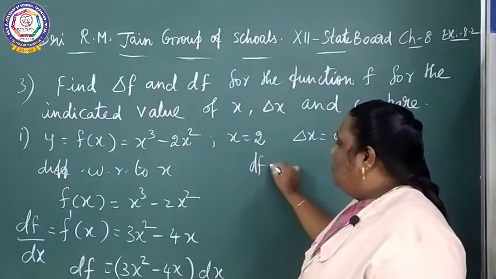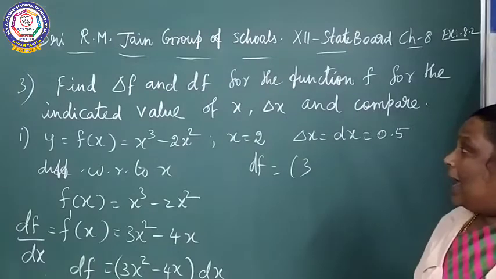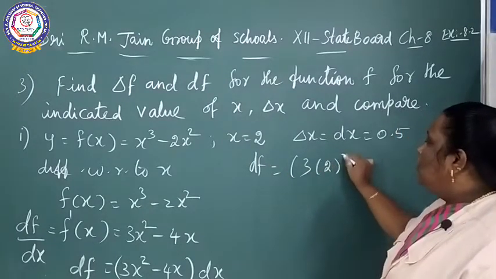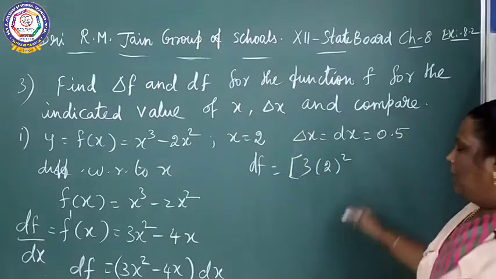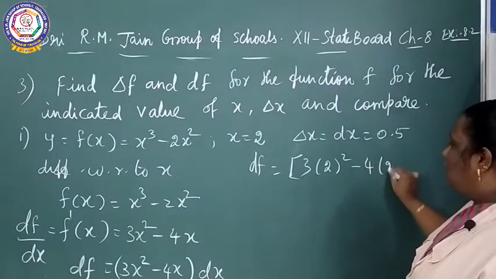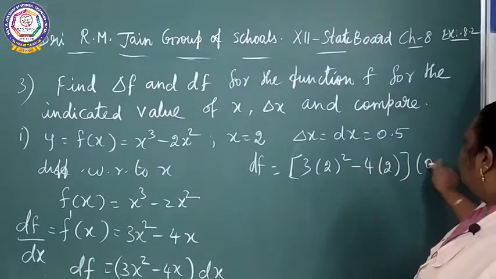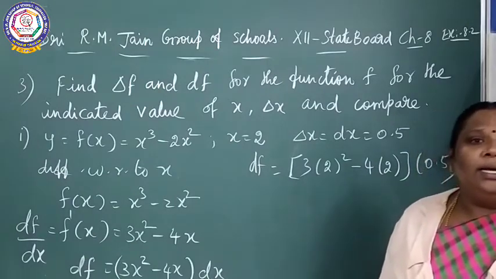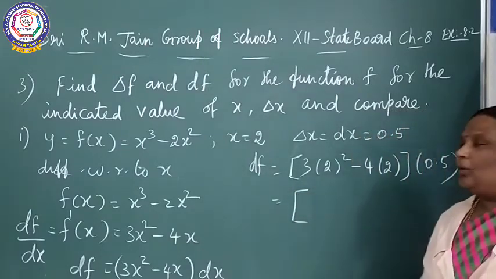So df equal to 3 into x square, where x value is 2, so 3 into 2 square minus 4 into 2, into dx. What is the value of dx? 0.5.